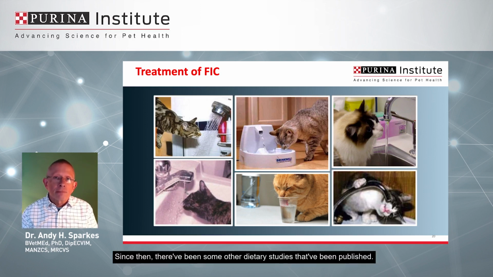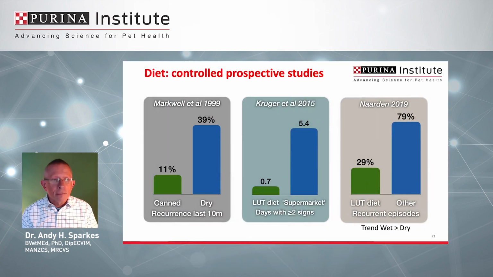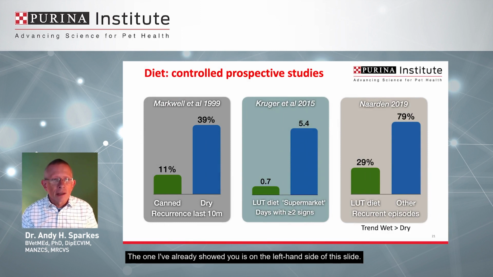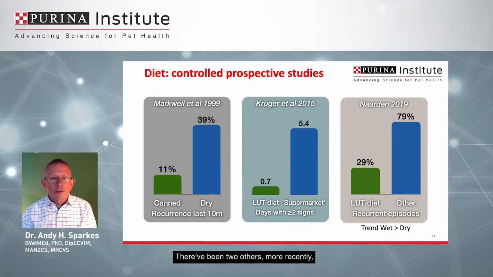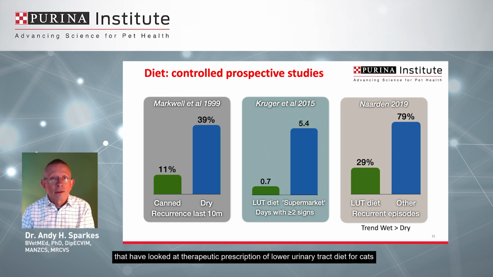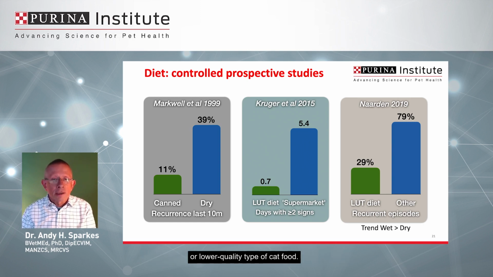Since then, there have been some other dietary studies that have been published. The one that I've already showed you is on the left-hand side of this slide. There have been two others more recently that have looked at a therapeutic prescription low urinary tract diet for cats and compared that to a kind of supermarket brand of cat food or a lower quality type of cat food.